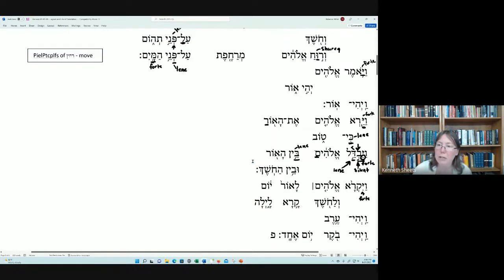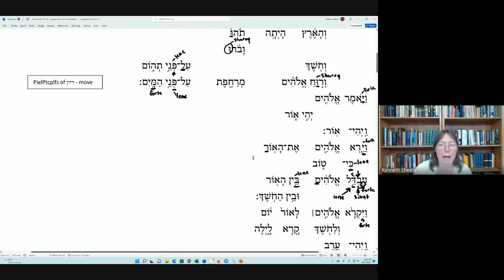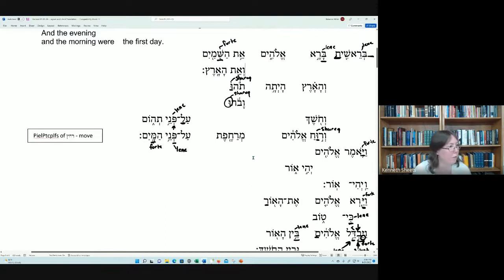But that is just a brief overview of how we can determine the difference between a lene and a forte. One of the things that you will find is that Hebrew is a very regular language. All of the rules and regulations that we're talking about here, it is very important for Hebrew to know those rules and to know them well.